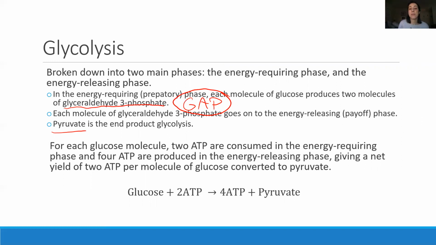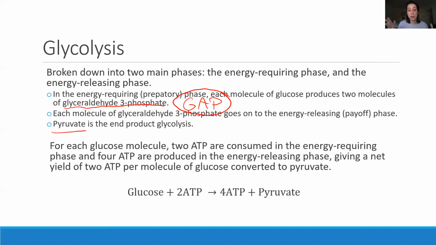Here is the very, very general idea of a breakdown of glucose. For each glucose molecule, we actually have to consume 2 ATP. Remember, that is our currency. So we're consuming 2 energy molecules, right? 2 ATP molecules. But in the output, we produce 4 ATP and we make pyruvate.